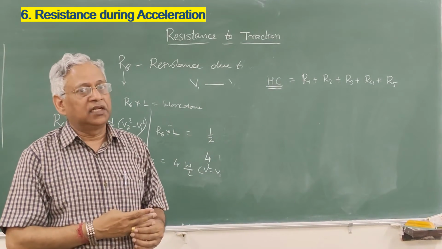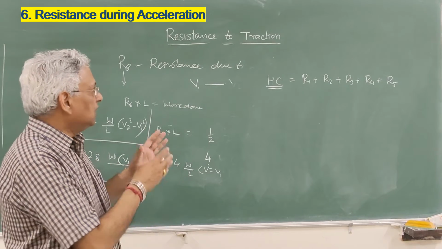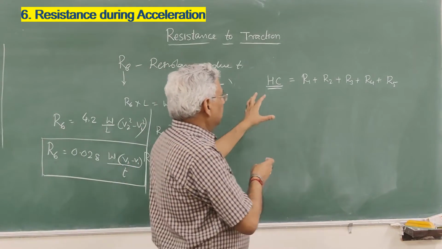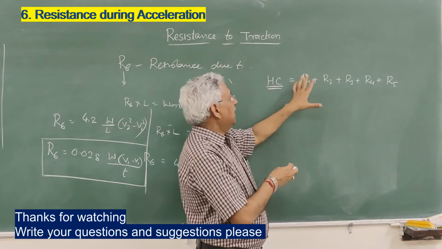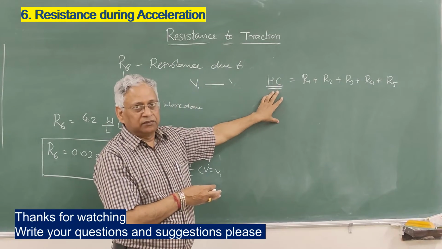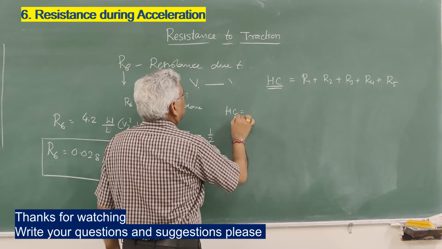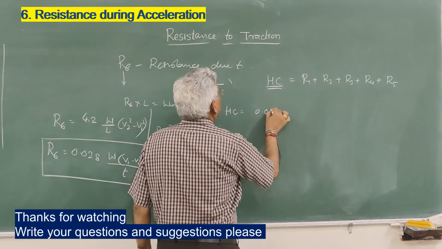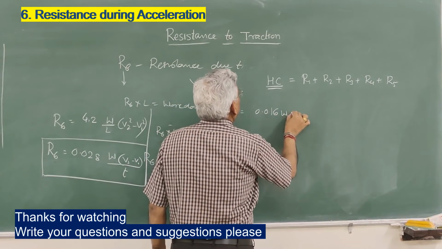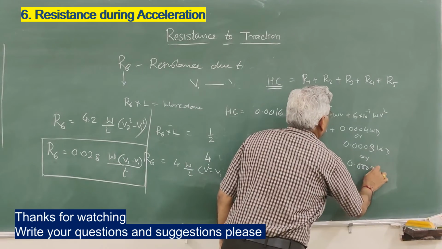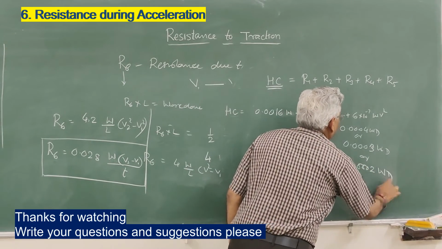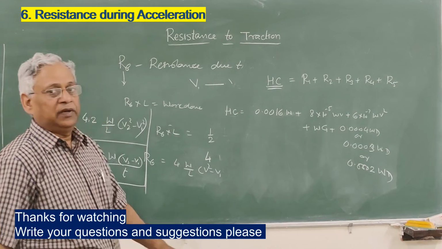So that is how we calculate total resistances, and for a given power of the locomotive, this equation will be that the hauling capacity is equal to 0.016 W plus 0.0002 WV, depending upon the gauge.